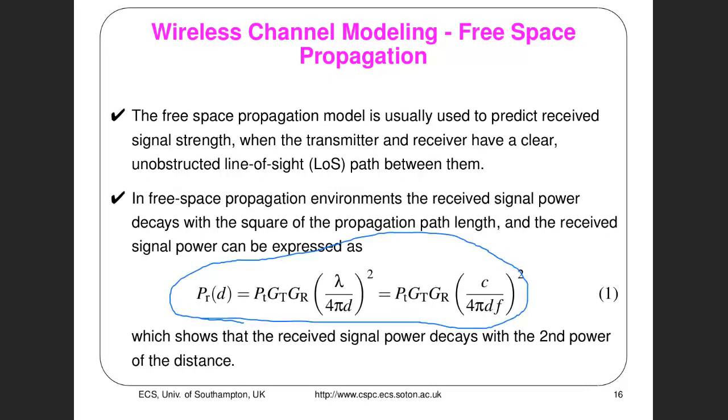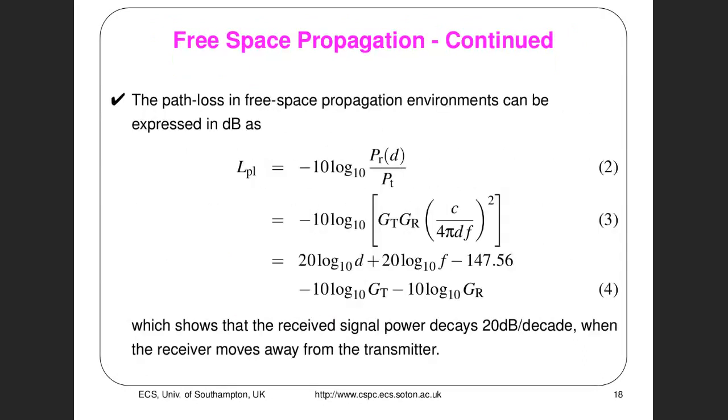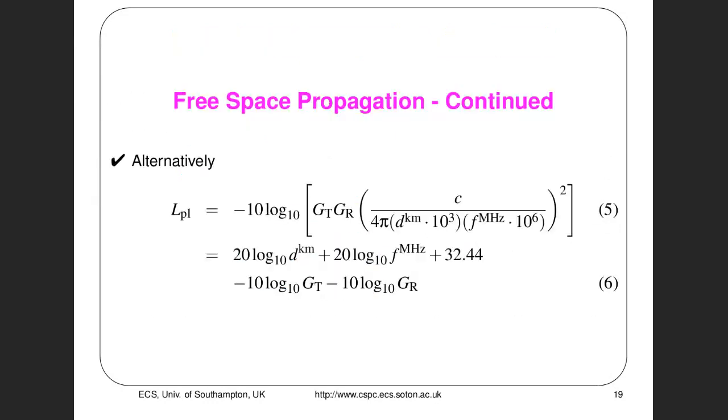From equation 1, we derived equation 2. The reason is we want to evaluate the path loss in decibel so that we can look at each parameter separately. And then alternatively, we have equations 5 and 6, which are in different magnitudes but equivalent to what we have before.